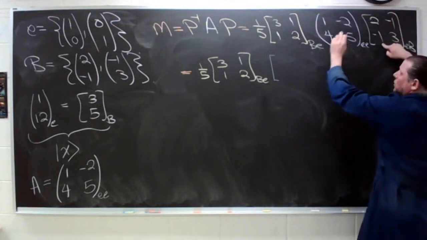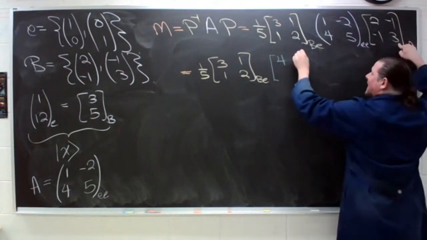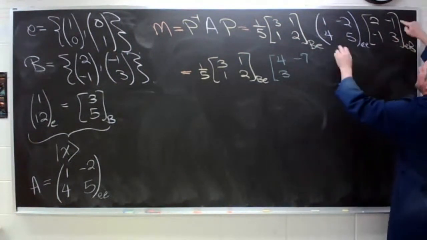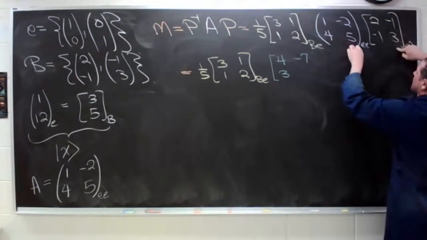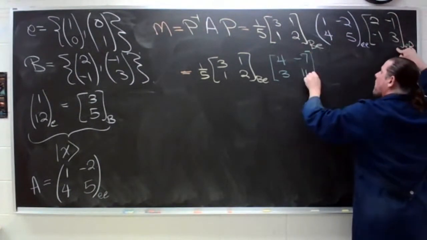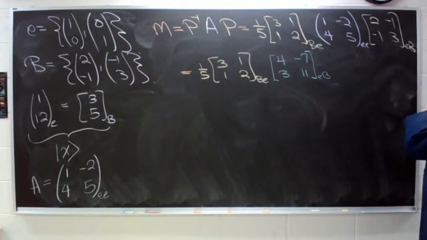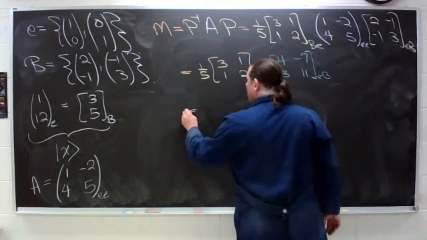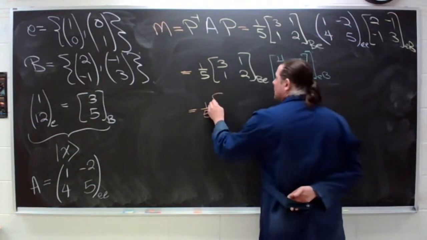2 plus 2 is 4. And then we got -1 minus 6 is -7. Then I've got 8 minus 5 is 3. Then I've got -4 plus 15 is 11, if I did that correctly. All right? And so now I need to finish the multiplication, and this is going to be fully orange.